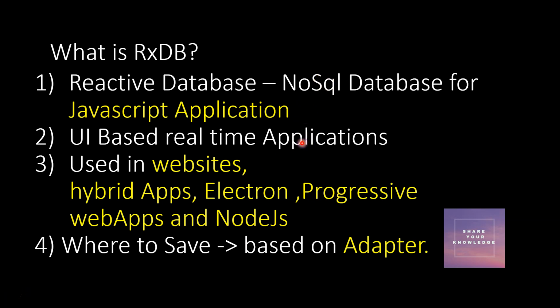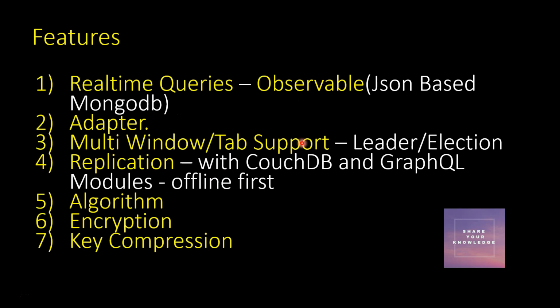So let's proceed to the features provided by RxDB. The main feature is real-time queries. That's what we saw: all queries give an observable. Once you subscribe to the observable, you can receive the latest event, which is triggered by RxDB whenever the content of the query changes.